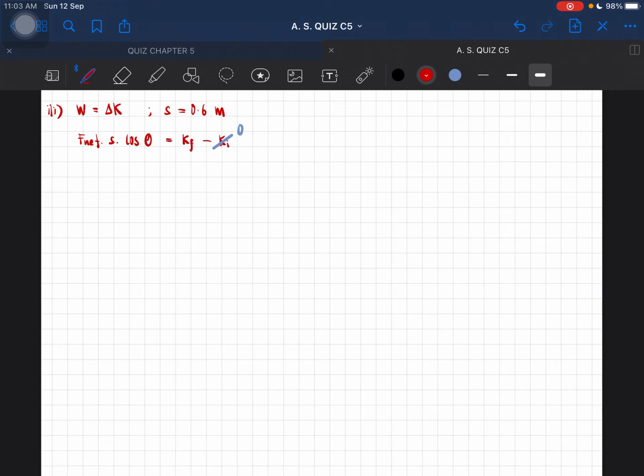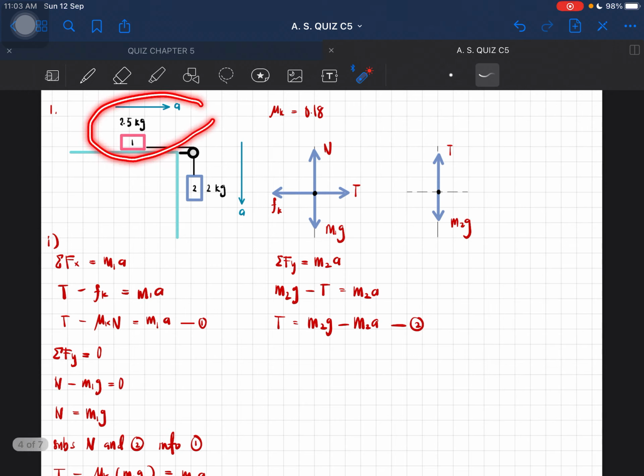Now the net force is the part that is in motion, sorry. So T minus Fk times s cos theta, plus the other one in motion. There are two in motion: the x component for the first block and the y component for the second block.